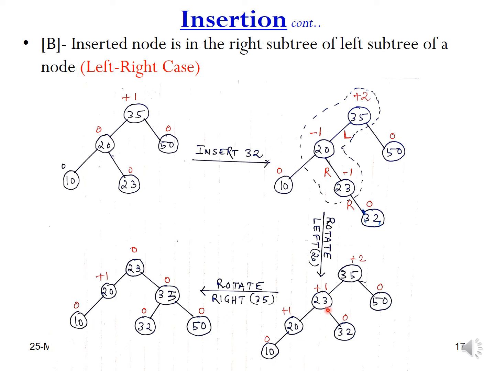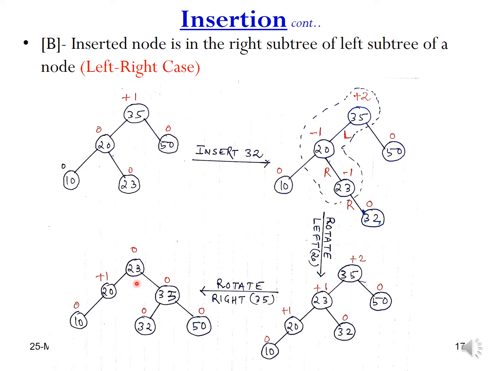Now again we will recalculate the balance factors. So this is 0, plus 1, 0, plus 1, 0, plus 2. Now we will perform the right rotation on this 35. First we rotated 20 on the left, and then we rotate 35 towards the right.